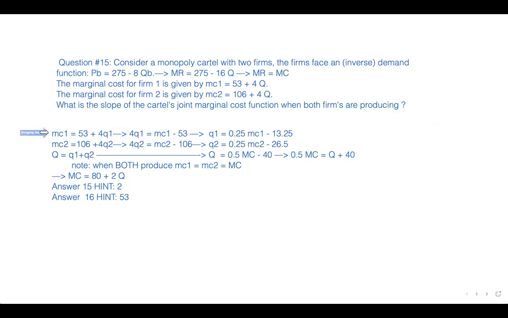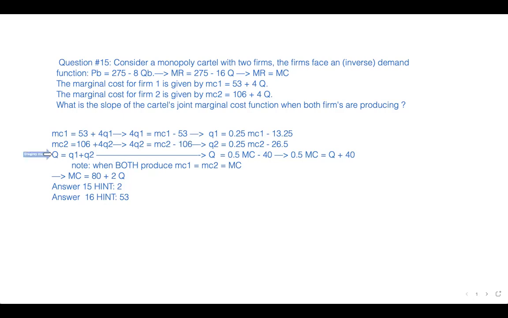And I've inverted in two steps here. If you remember from algebra back in 9th grade, inversion is just taking the variable that was originally on the right-hand side and pulling it over onto the left-hand side and rewriting the equation. So I'm taking Q over to the left-hand side and then I'm solving for Q by itself. And then I did the same thing with the marginal cost function for firm 2.